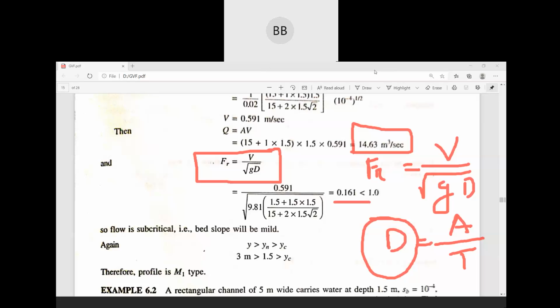So if you remember our specific energy curve, on the x-axis we have specific energy, and on the y-axis we have depth of flow y.